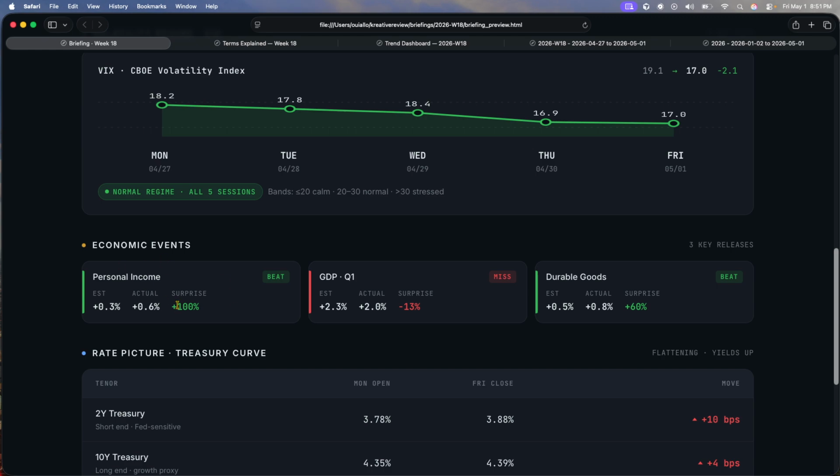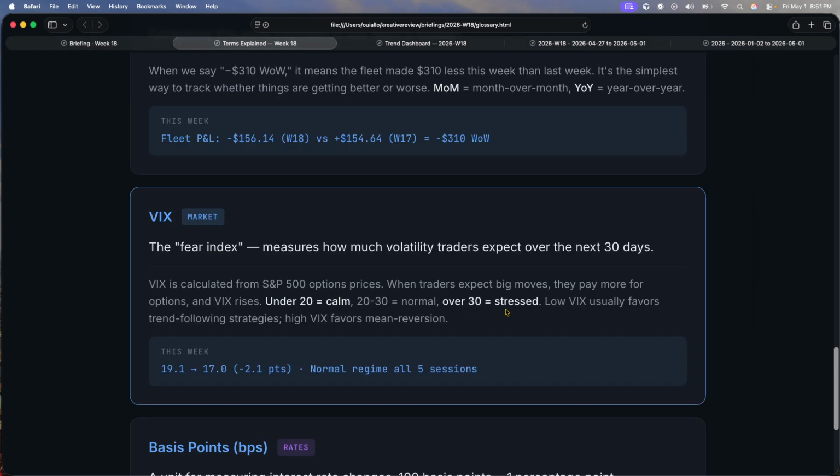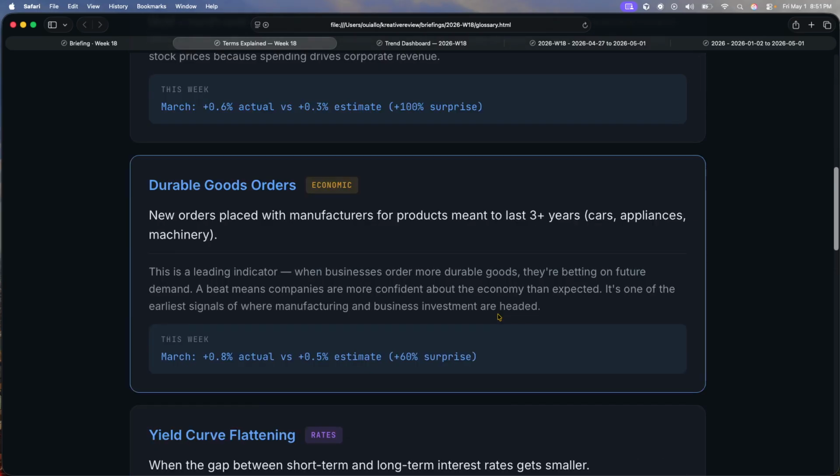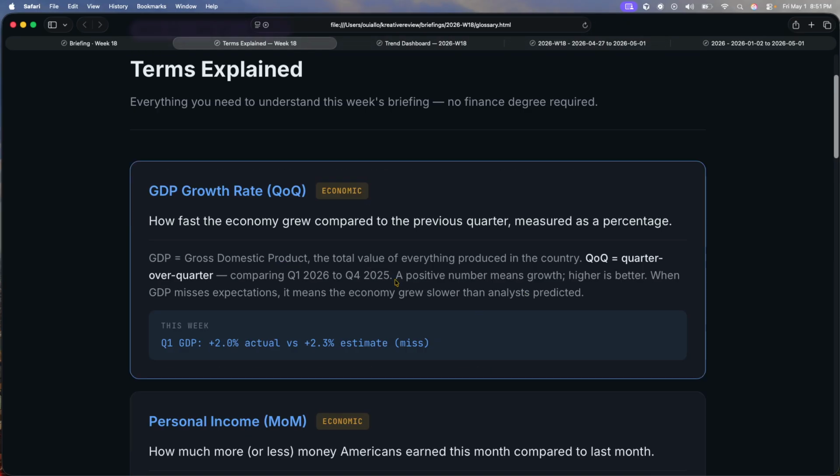We had personal income that did drop, GDP, and durable goods. Let's go back to our terms so we can get what these are. First thing I want to talk about is GDP, which is gross domestic product. This is how fast the economy grew compared to the previous quarters, and it's measured as a percentage, right? GDP is the total value of everything produced in a country.